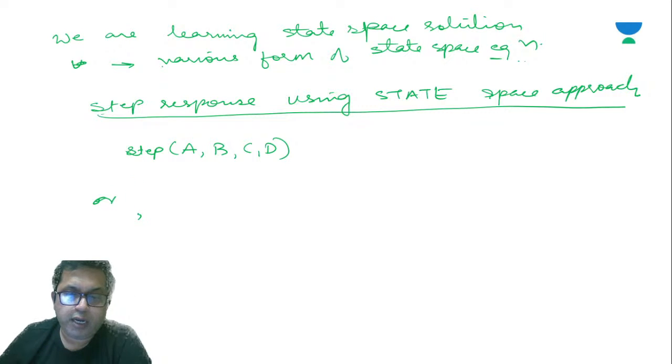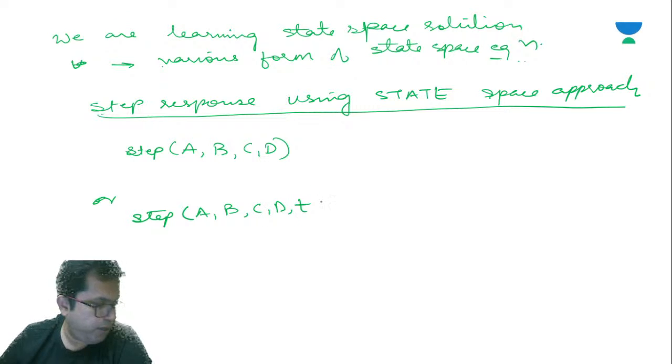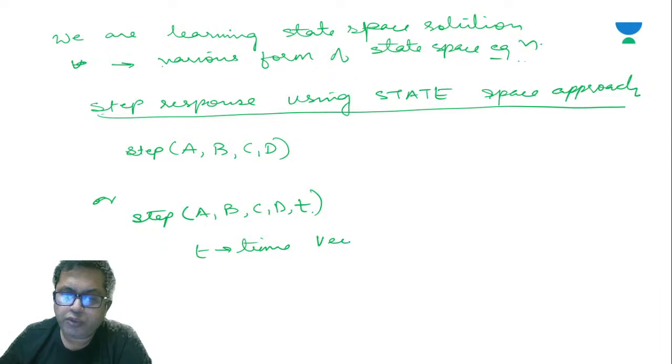Or you can say step(A, B, C, D, t), where t is the time vector and it is user defined.